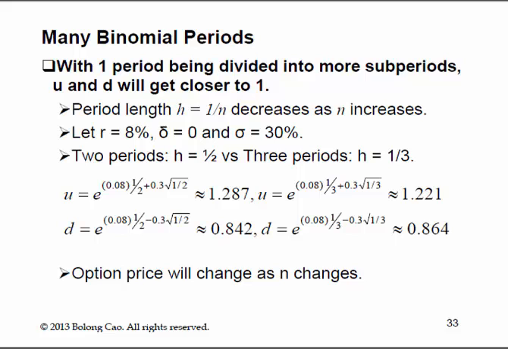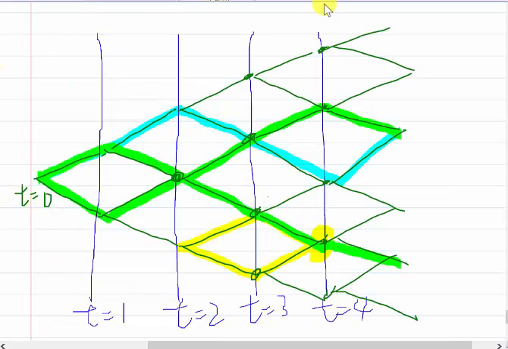So as we have said, our goal is to get this kind of lattice, because it can give us a lot of different scenarios going up and down, zigzagging. To achieve that, we need the grid of time periods to become finer and finer.